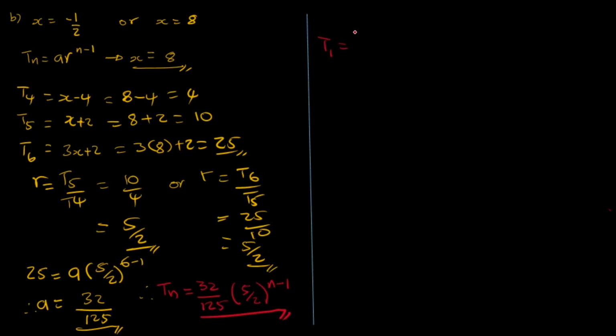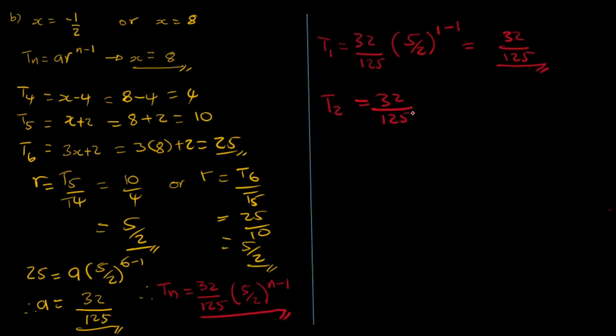Term 1 will be 32 over 125 times 5 over 2 to the power 0. So this will be 32 over 125. This is the first term. Term 2 will be the same, 32 over 125 times 5 over 2.